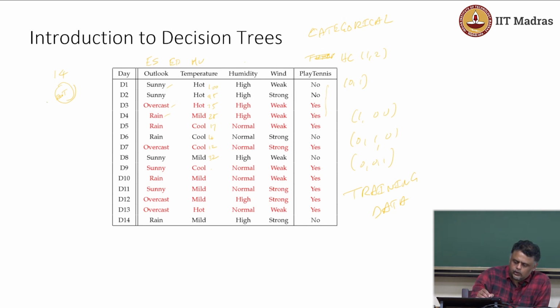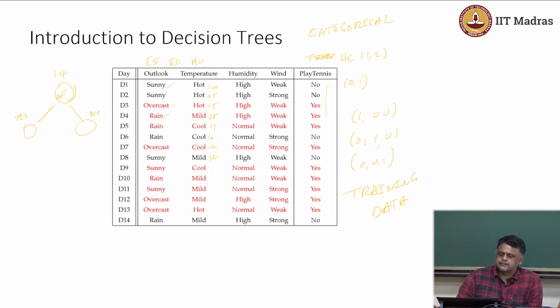Now you want to split it into left and right. This is the first step. You want to split it into two data sets where you are claiming that this one, yes, I will play, this one, no, I won't play. For every data point here, you know the label, yes or no.